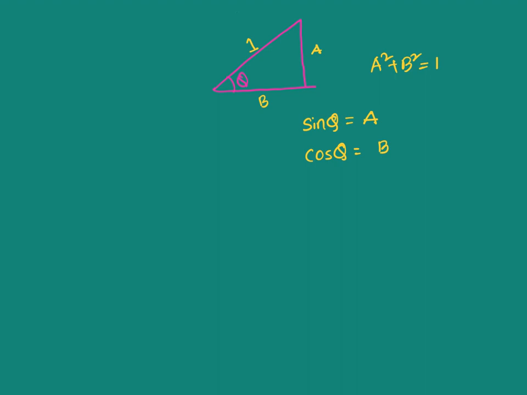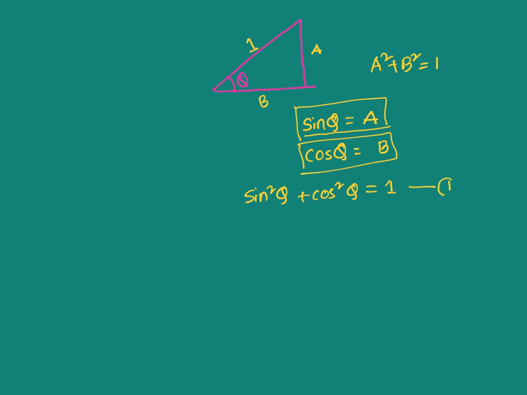So we could say that sine squared theta plus cos squared theta is also equal to 1, because A is equivalent to sine theta and B is equivalent to cos theta. And this is our first trigonometric Pythagorean identity.